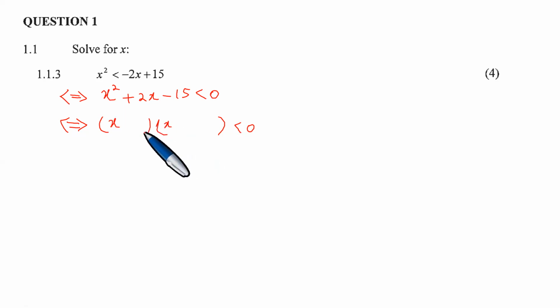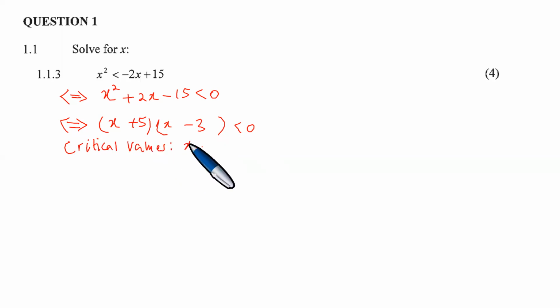The factors of minus 15 become plus 5 and minus 3. So you know that the factors of minus 15 are 5 and minus 3. In which case, we get two entities, and the entities we call critical values.